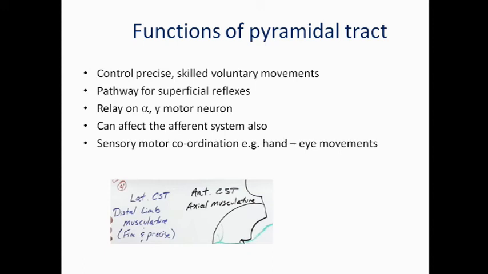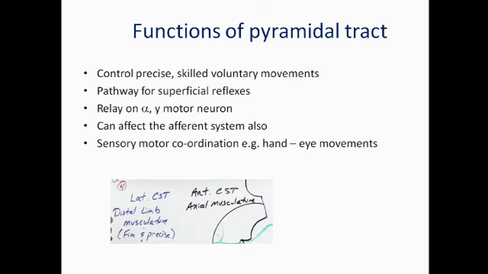So wherever there is a stimulus generated from the receptor level, and this receptor level carries this information into the spinal cord in the form of reflexes, it can alter that information. We will see how it does that. It can affect the afferent system also.